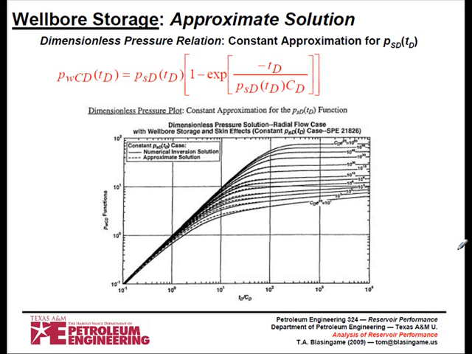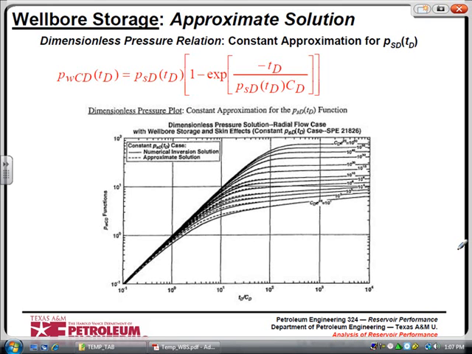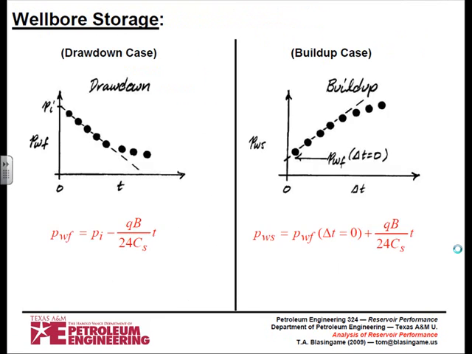All right. So if it's wellbore storage only, what's the equation for that? Wellbore storage? Yeah. Let's go back, right? Here's the equation. I got to write it down. What is it again?